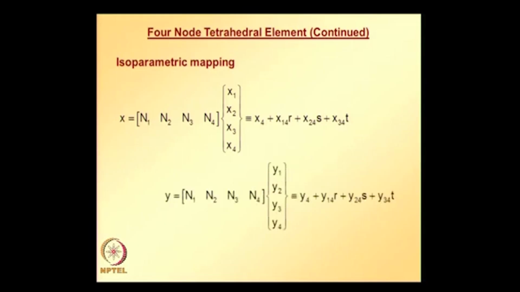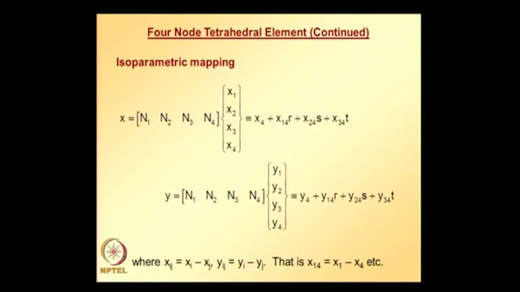Similarly, we can write y in terms of RST, where xi xj has the meaning xi minus xj, yij has meaning yi minus yj.